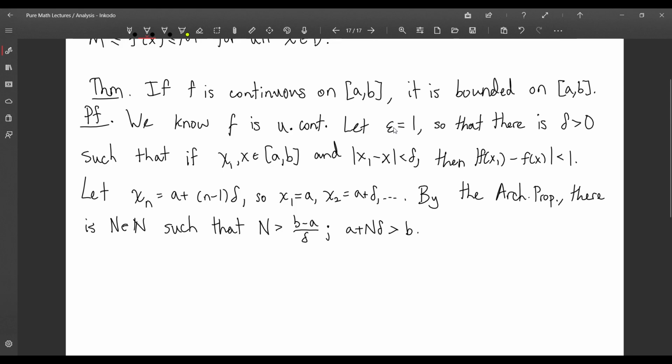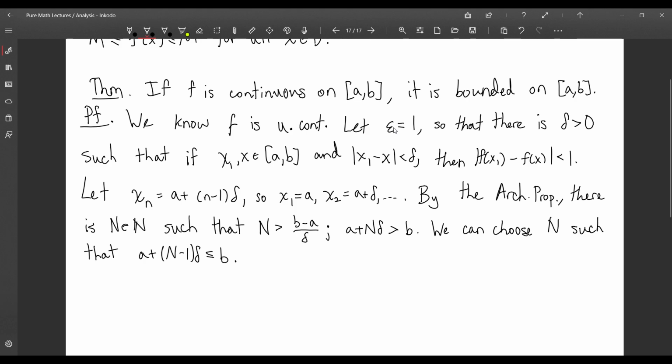And we can also choose n such that a plus n minus 1 times delta is less than or equal to b, right? Because obviously, if we chose n equals 1, this is true.